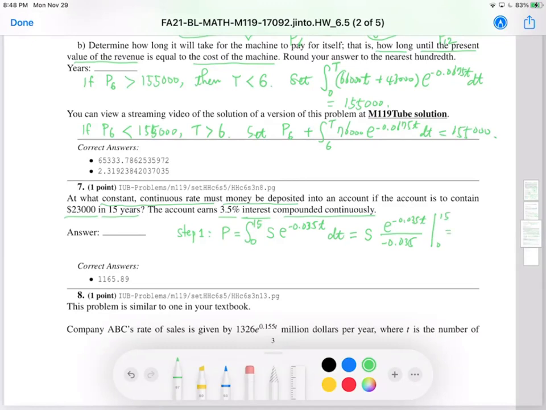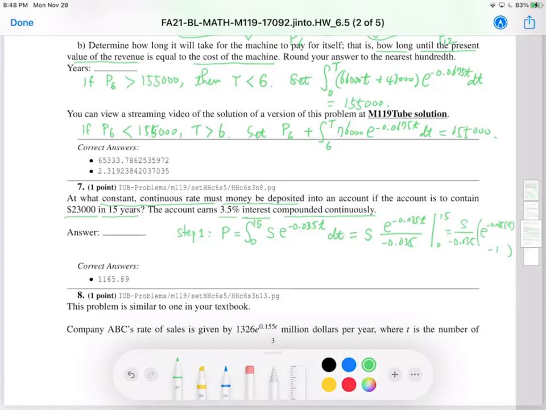So this is equal to S over negative 0.035, these are constant, from 0 to 15, so e to the negative 0.035 times 15 minus 1.